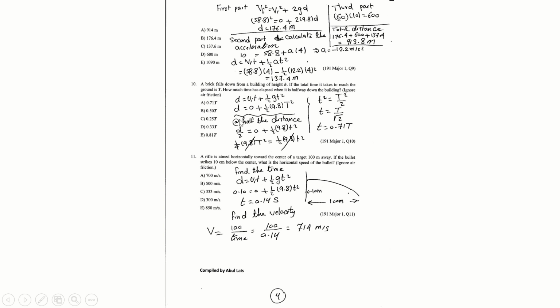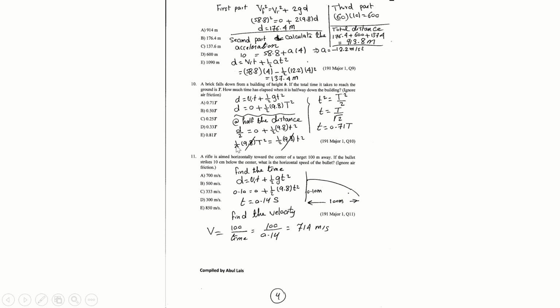So what should be the time if d becomes d over 2? Now I'll say d over 2 equals half, 0, which is the initial velocity, plus half times 9.8 times the time. Now we want to find this time, t squared. But remember, we know that d from the first part equals half times 9.8 times capital T squared.